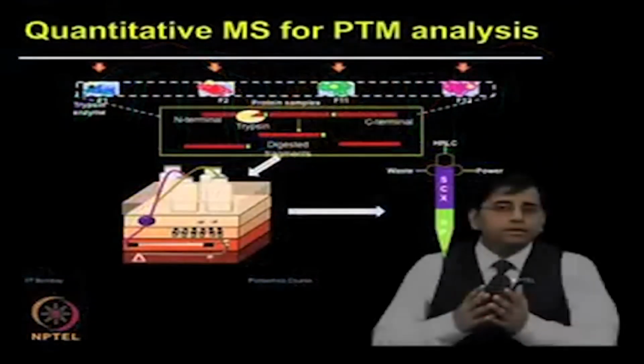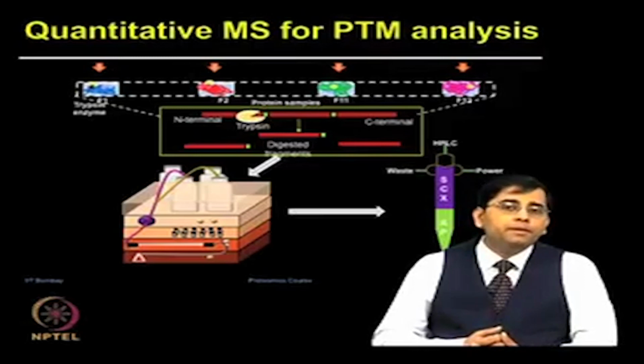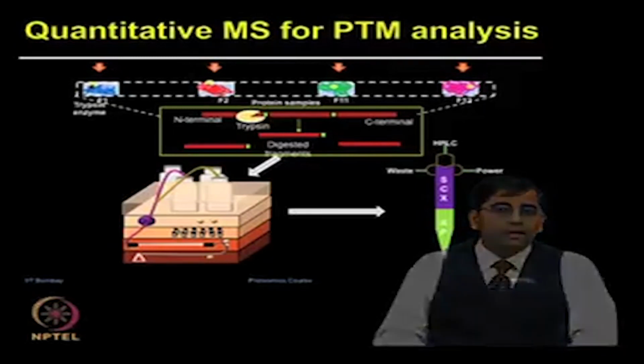The metabolic labeling methods such as SILAC are used for label-based quantitation of PTMs. However, this strategy can only be used for living cells. Other chemical labeling methods such as iTRAQ are also used for PTM analysis.